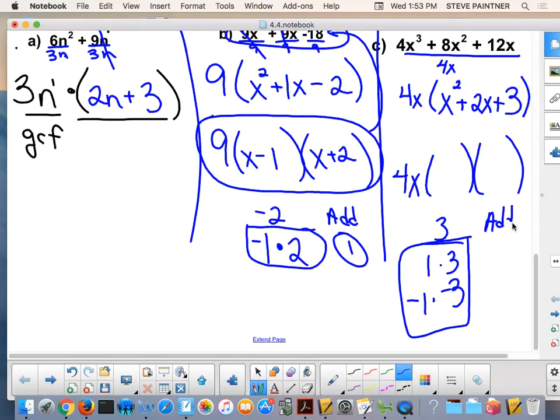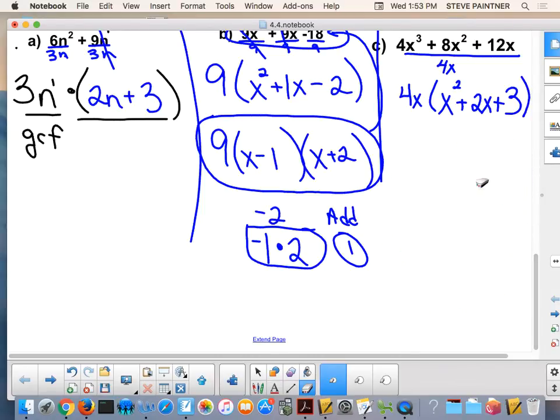What's this one add up to? Negative 4. Can't get to 2. So this trinomial is factorable or unfactorable? Unfactorable. So guys, when you know you can't factor it, you kind of have to say, well, I didn't need to do any of that work. That's the answer right there. This is it.